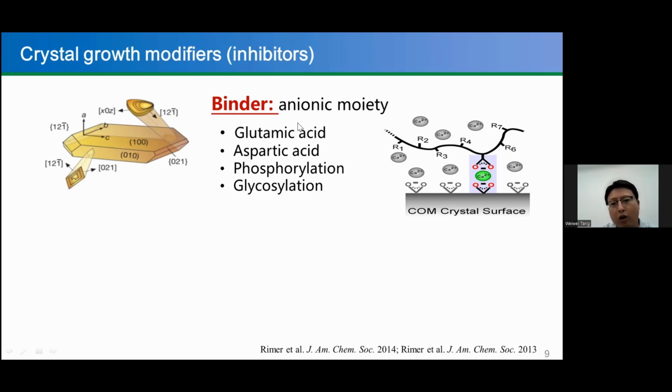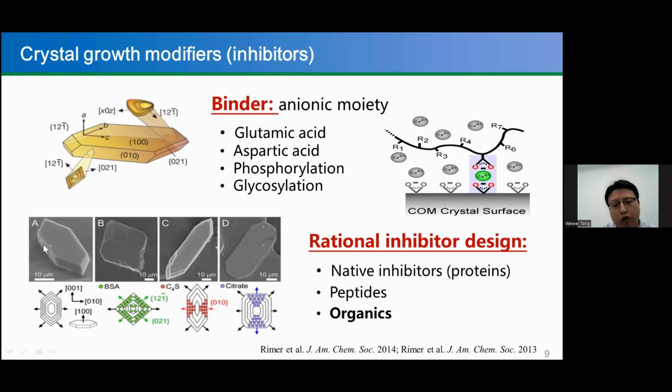Growth modifiers or inhibitors with anionic moieties, such as glutamic acid and aspartic acid, can bind onto this crystal surface via the calcium carboxylate bridge structure, which will change the crystal morphology and reduce the growth rates. This molecular recognition principle has been utilized to rationally design inhibitors such as proteins, peptides, and organics.